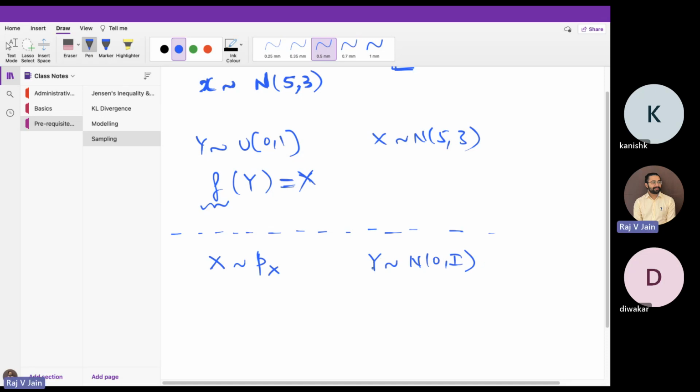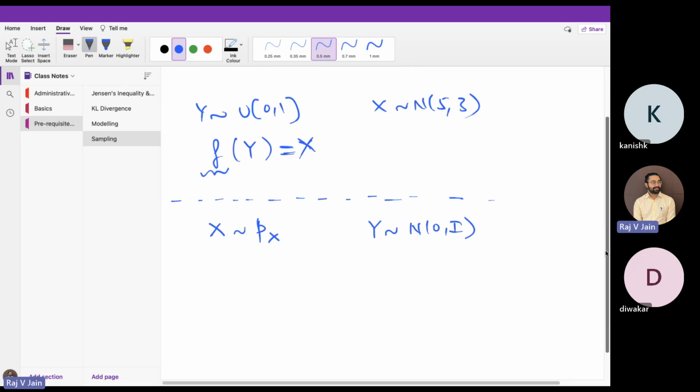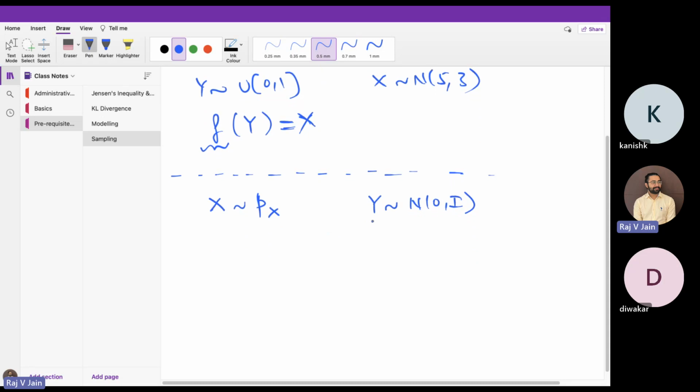So this is a random vector, mean 0 vector, and the covariance matrix is I. Now, if I could find a function f which takes this y as input and gives me a sample of x, then can't I generate more samples from p of x?